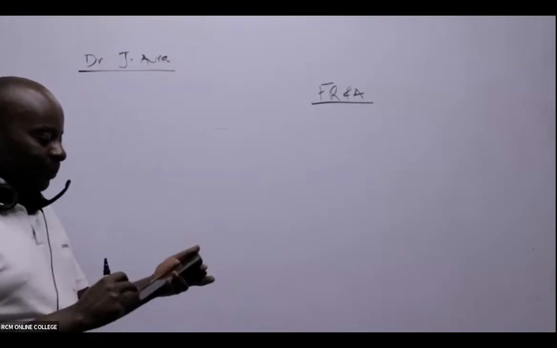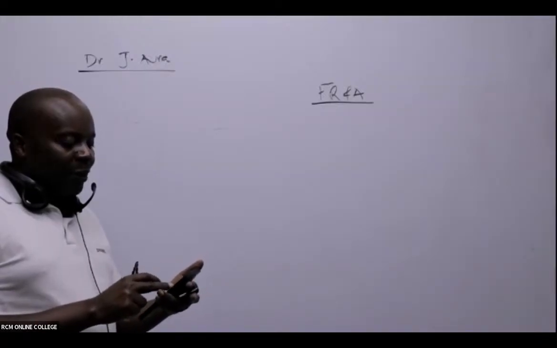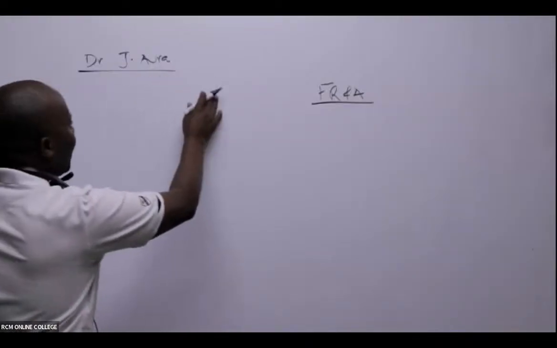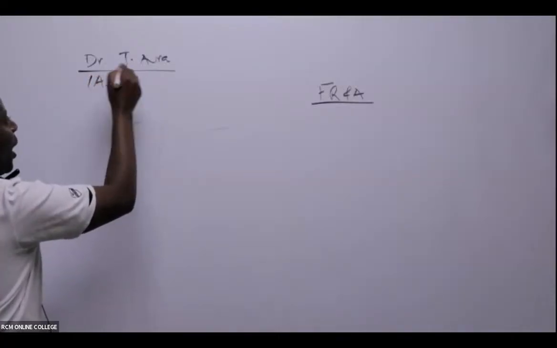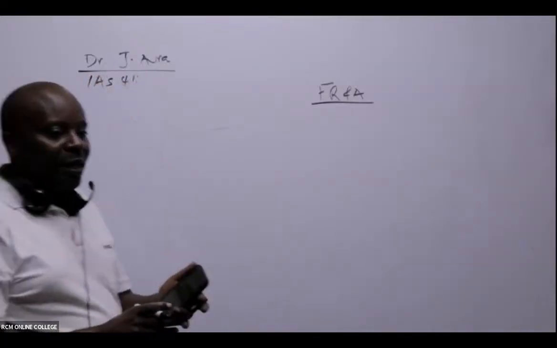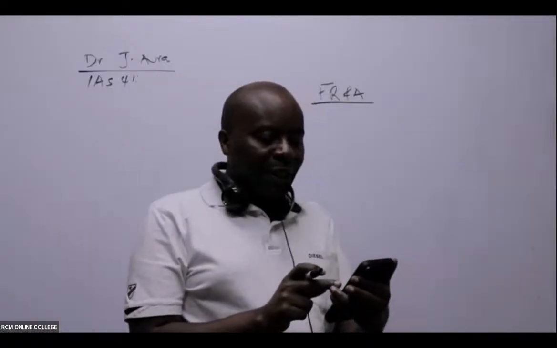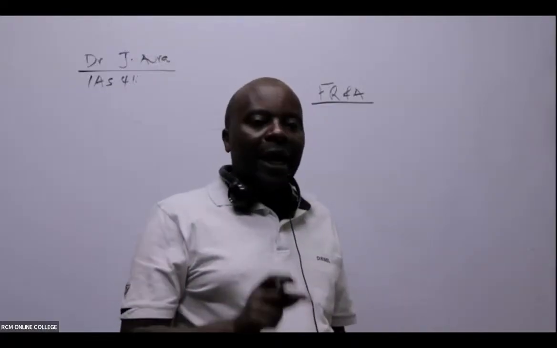Great. So today we are going through something very important, IAS 41. Under financial reporting and analysis, we have IAS 41. Is there anybody who has ever had something nice about this particular standard? IAS 41, accounting for what here?